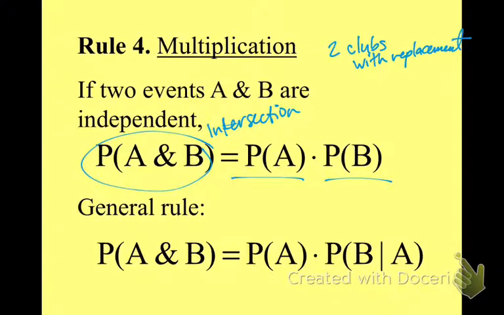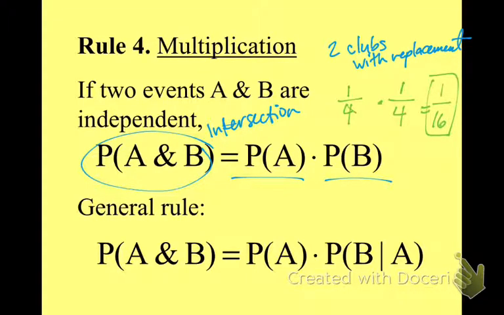If it's with replacement, then the chance of drawing one club is 1/4, I replace it, times 1/4. So you get 1/16. So I have a 1 in 16 chance of drawing two clubs in a row.